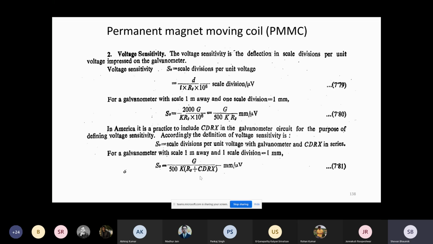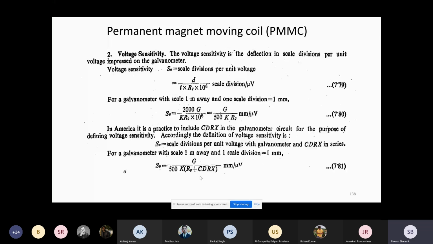Similarly, we can define the voltage sensitivity, which is the deflection in scale per unit of voltage applied on the galvanometer. So voltage sensitivity is defined as SV, which is scale division per unit voltage, equal to small d by I into Rg into 10 to the power 6.